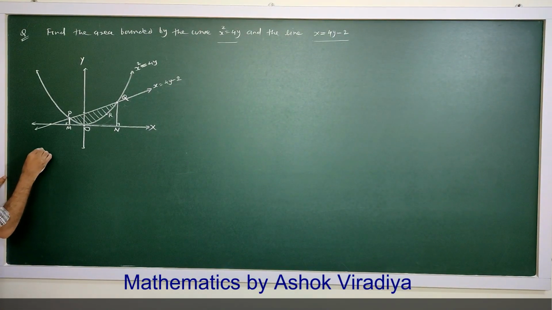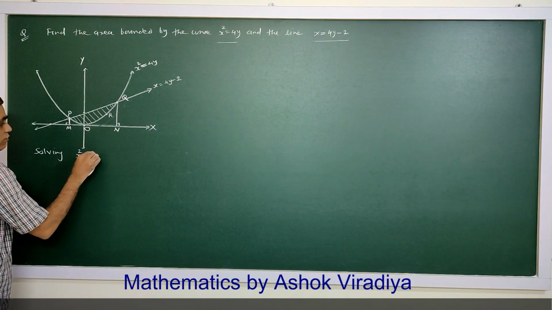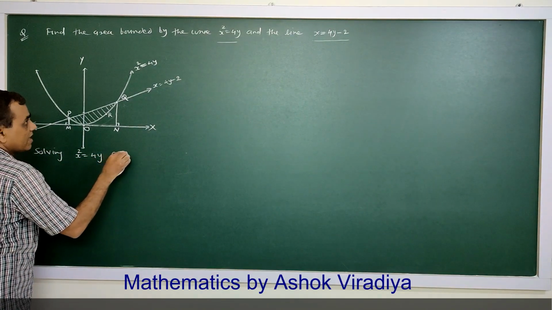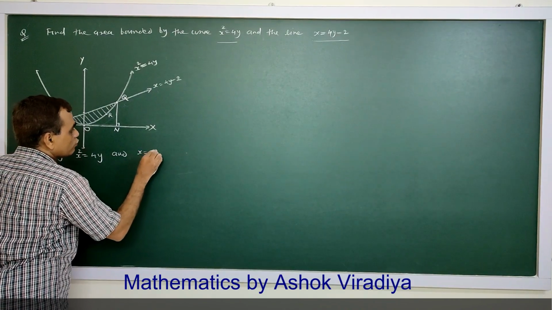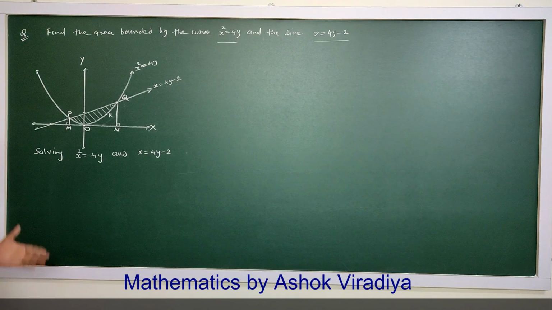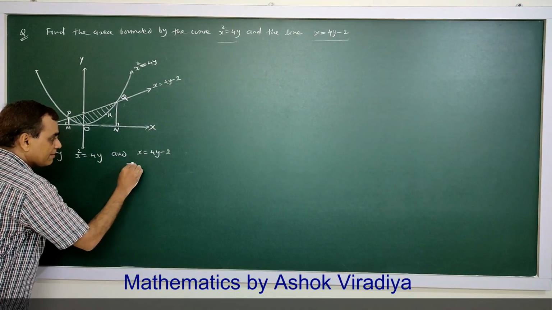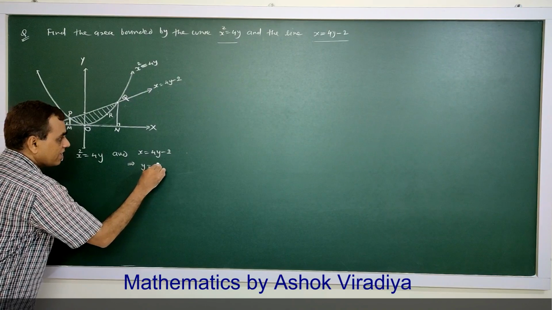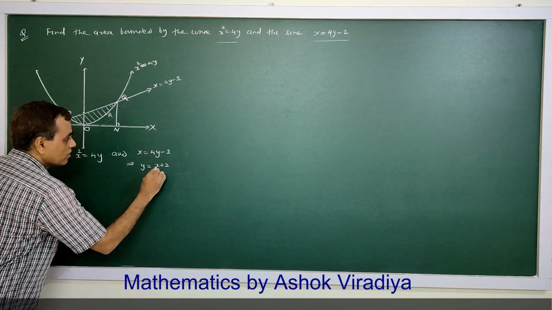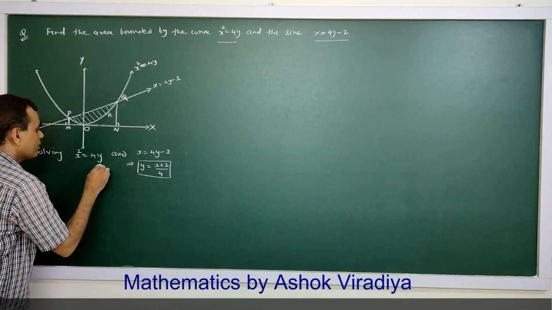Here we are solving x square equal to 4y and x equal to 4y minus 2. We want to solve for x, so we eliminate y. To eliminate y, I get the value of y: y is x plus 2 by 4. This value I am putting here.